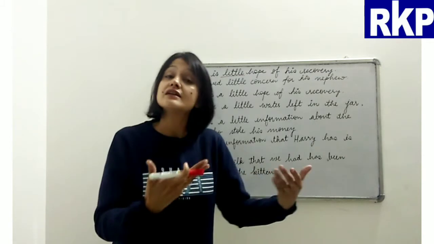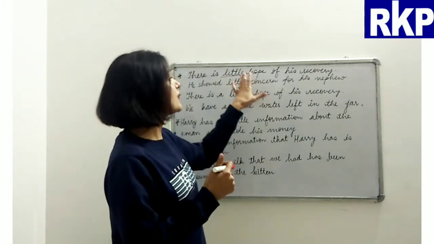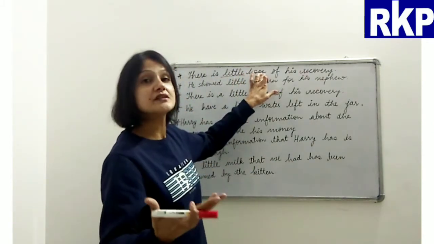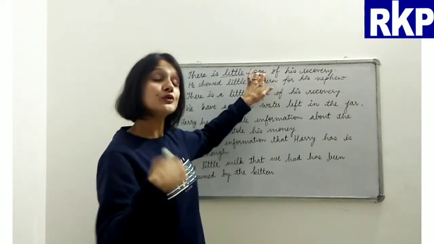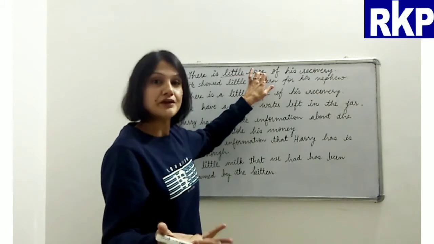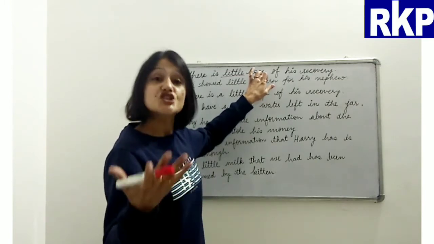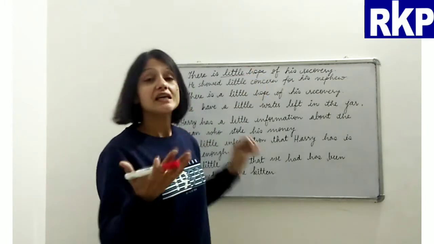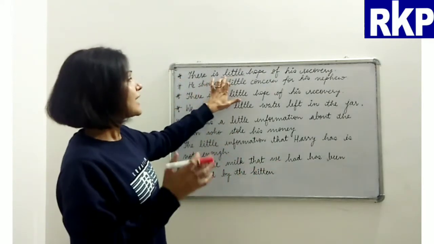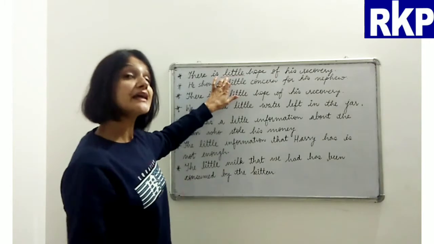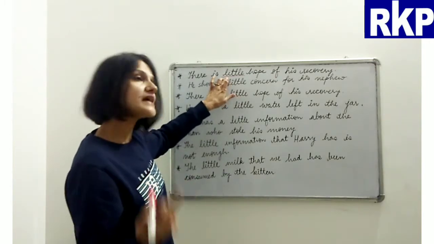So here, there is little hope of his recovery means he will not be able to recover. There are chances that he will die, right? So little has a negative meaning.